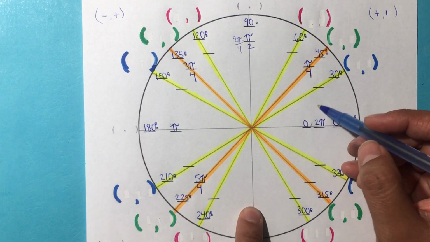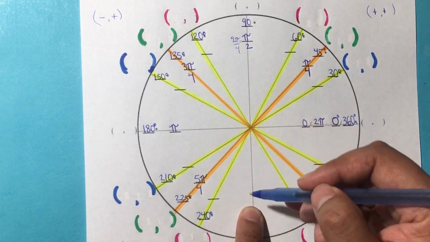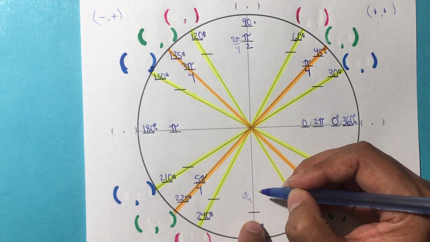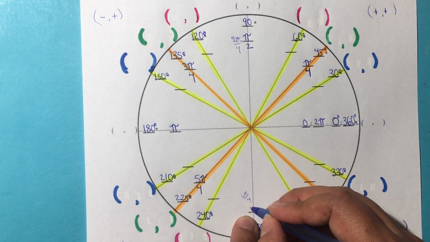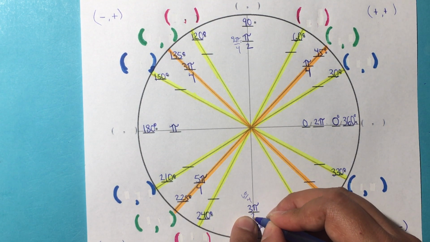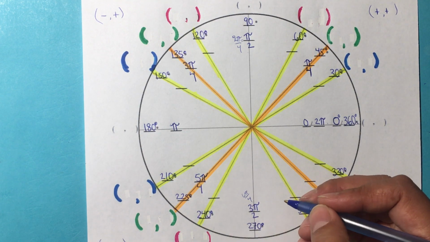For this one, is going to be 1, 2, 3, 4, 5, 6. 6 pi divided by 4, which if we simplify is going to be 3 pi divided by 2. 6 divided by 2 is 3. 4 divided by 2 is 2.